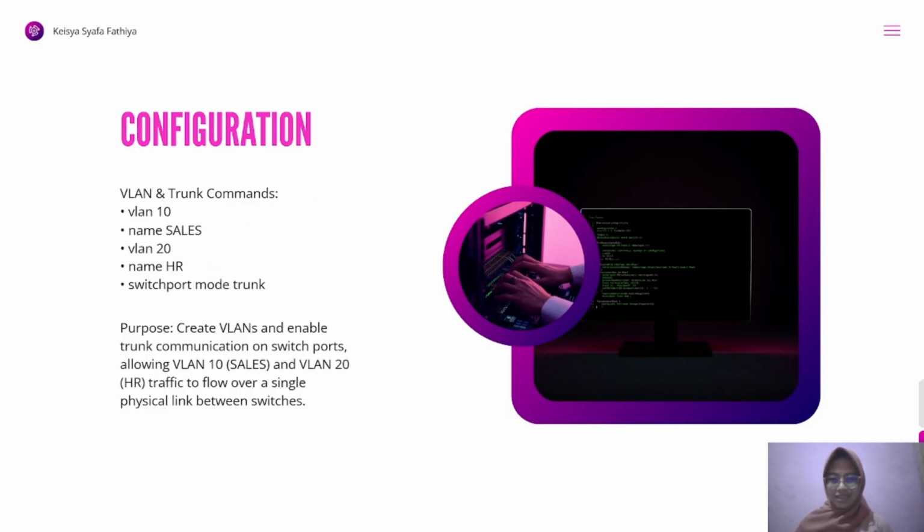Next, I assign the access ports to the respective VLANs. Finally, I configure the connection between the switches as a trunk port using the switchport mode trunk command. This configuration enables multiple VLANs to communicate through a single physical link.